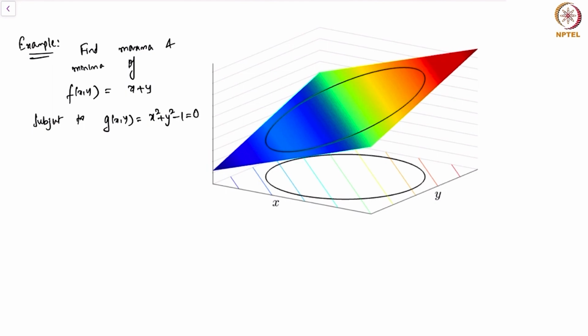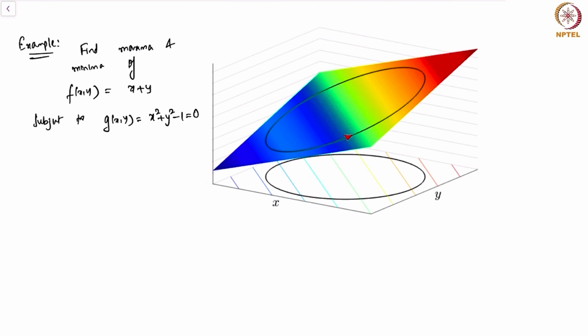So you're on this plane f of x comma y equal to x plus y, and we have to find out what is the maximum and the minimum of this function when you're traversing a circle, when you're going along this circle.